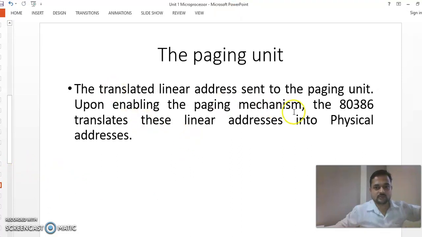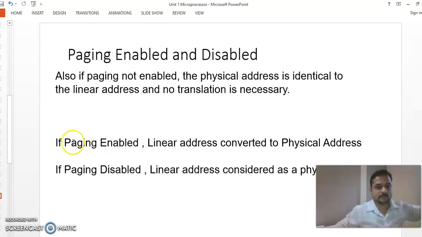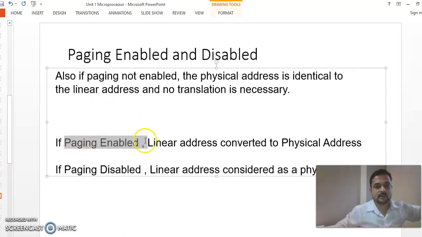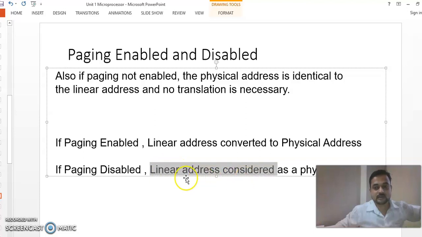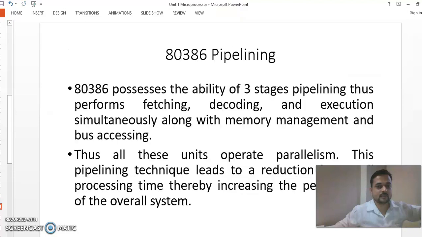There is a concept of paging enable and paging disable. If paging is enabled, the linear address is converted to a physical address, and if paging is disabled, the linear address is considered as the physical address as it is. Okay, so we have seen that there is 3-stage pipelining: fetch, decode, execution.